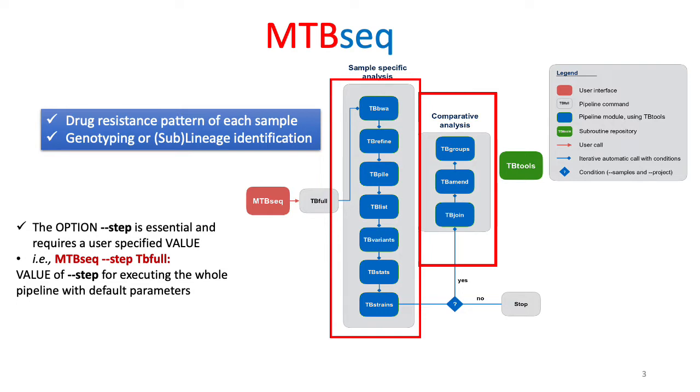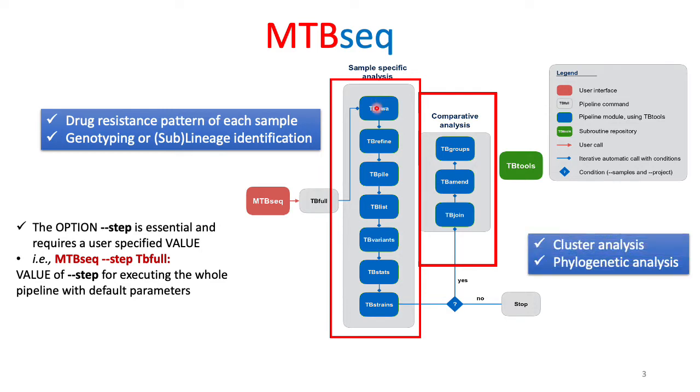The sample-specific workflow, which consists of these 7 steps, comprises the read alignment to the M. tuberculosis H37Rv reference genome, alignment refinement, and the detection of single nucleotide polymorphisms, as well as insertions and deletions.